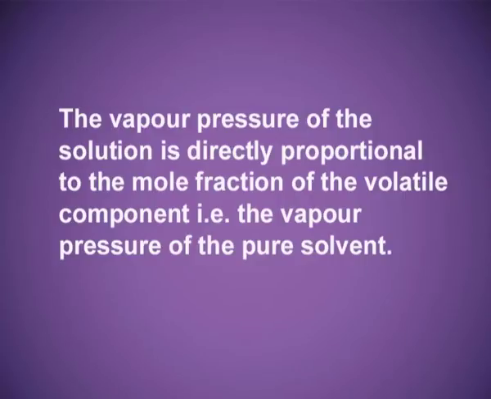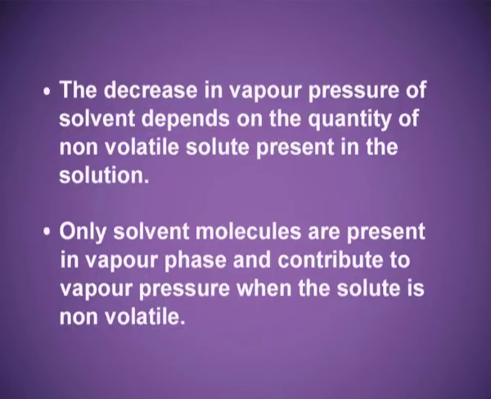In such a situation, the Raoult's law states that the vapor pressure of the solution is directly proportional to the mole fraction of the volatile component, that is, the vapor pressure of the solvent. The decrease in the vapor pressure of the solvent depends on the quantity of the non-volatile solute present in the solution. Only solvent molecules are present in the vapor phase and contribute to the vapor pressure when the solute is non-volatile.